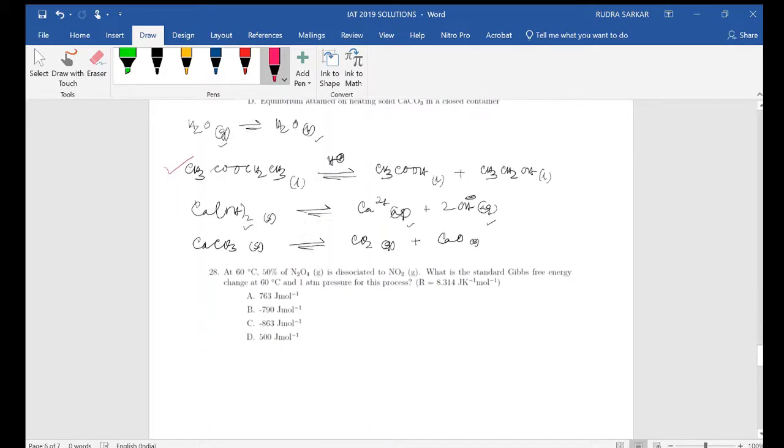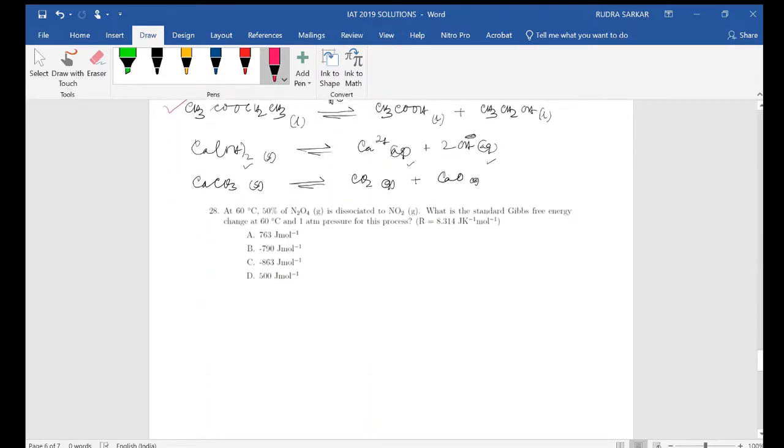Over here, it is given at 60 degrees centigrade, 50% of N2O4 gas is going to 2NO2 gas.